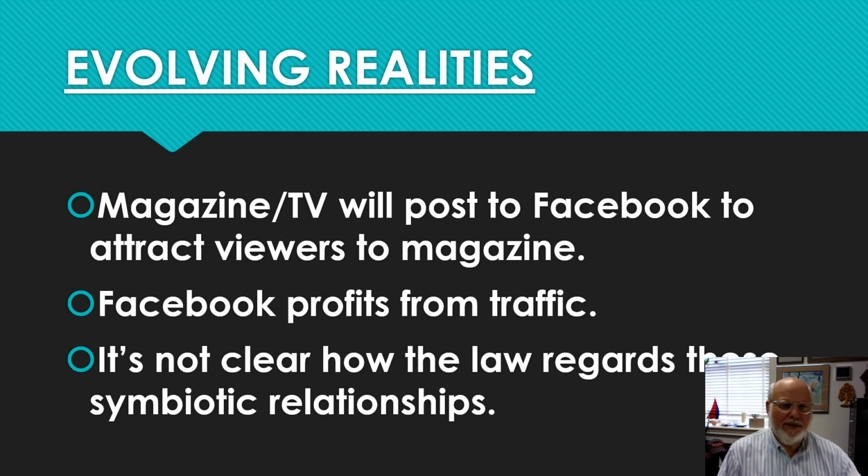But the reality is that there's this symbiosis going on: Facebook is actually allowing people to post copyrighted material, and the people who own the copyrighted material don't really care because they're trying to increase their audience, but at the same time they're increasing Facebook's audience. So there's a lot of in and out, back and forth.